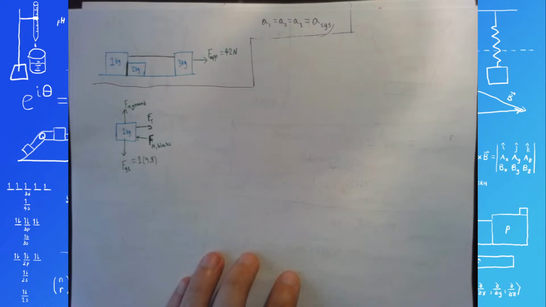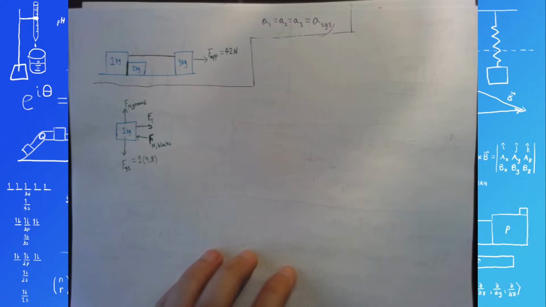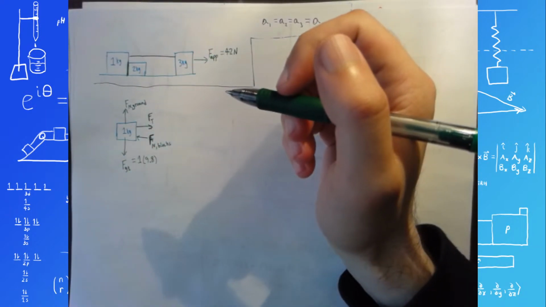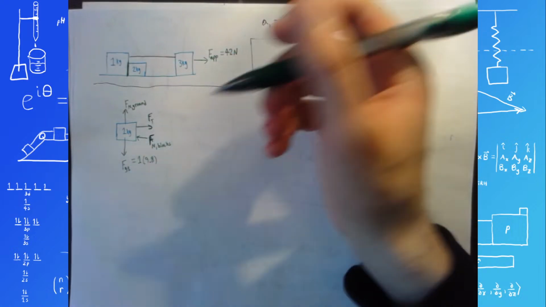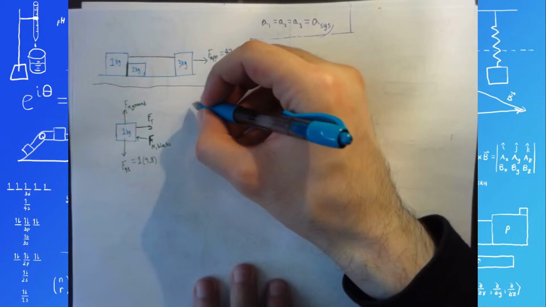There's no scenario in which you start with this setup and you tug on it to the right and it starts moving to the left unless it was already moving left to begin with, which is not something we should assume because otherwise the problem would have told us or would have given us some other way of deducing that that was the case. So we are done with diagramming block 1.